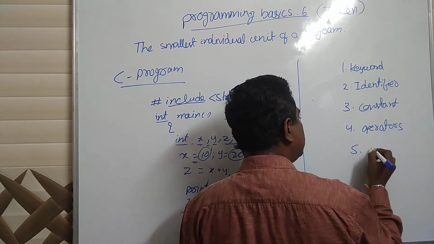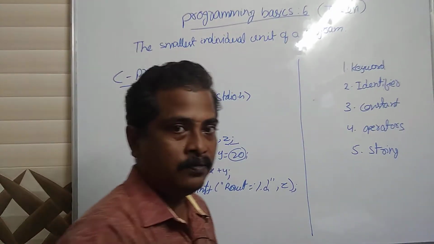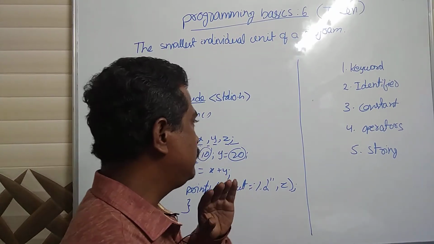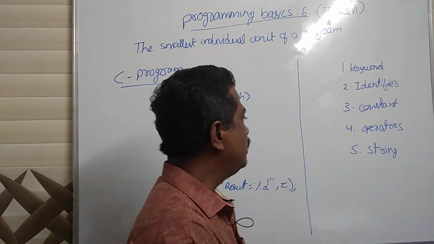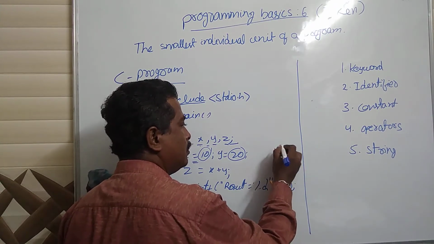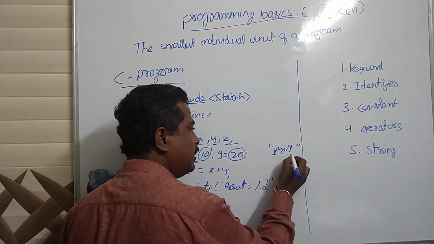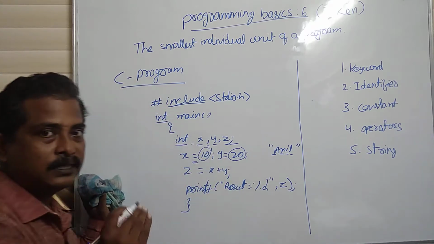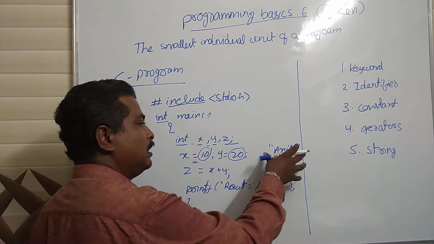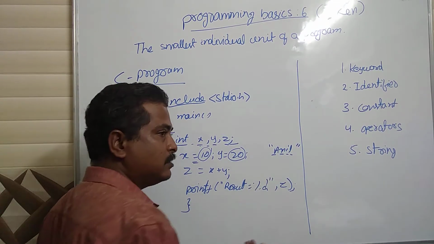In some places, string is taken as a separate token, but actually string is not a separate token. Why? Because if you write a string, suppose I have written Anil, it is a set of characters, A-N-I-L, a set of four characters. When a set of four characters mixes to make this one, you may tell it is a character constant.